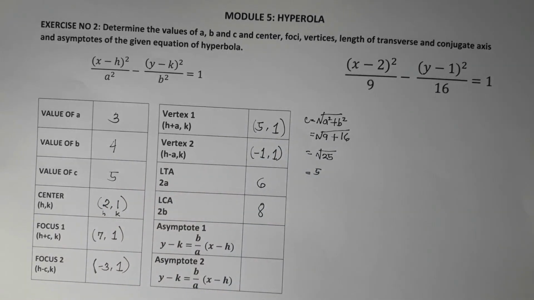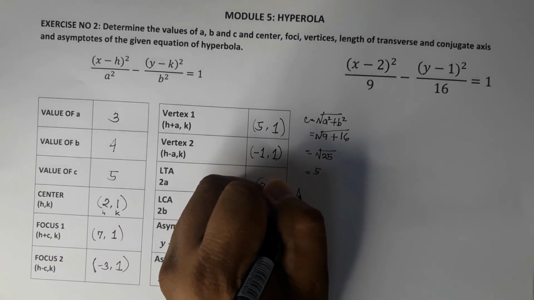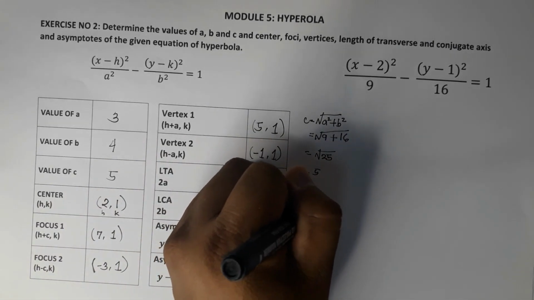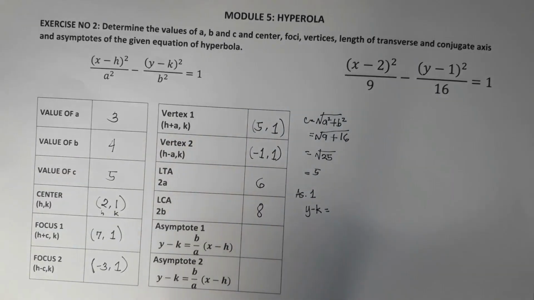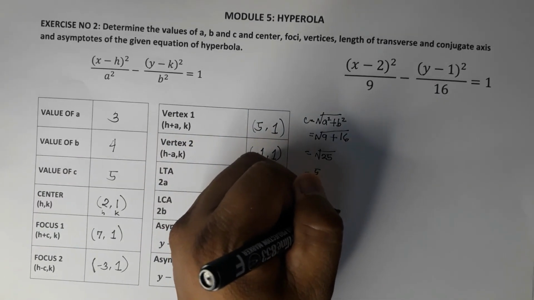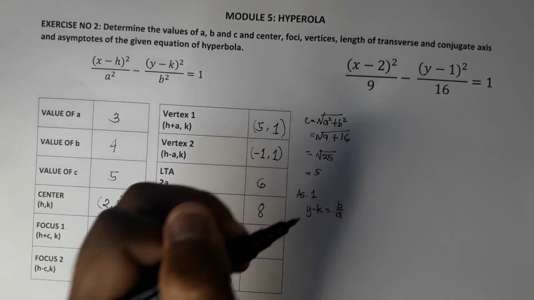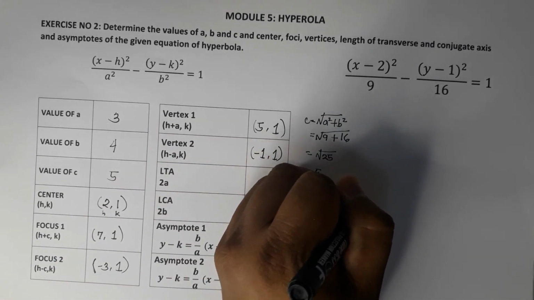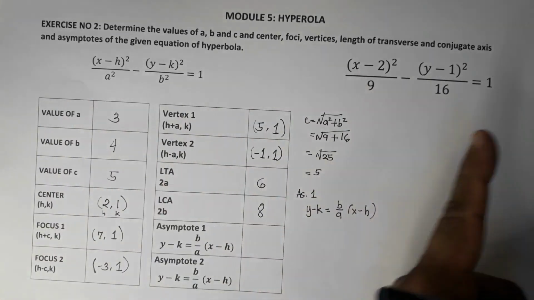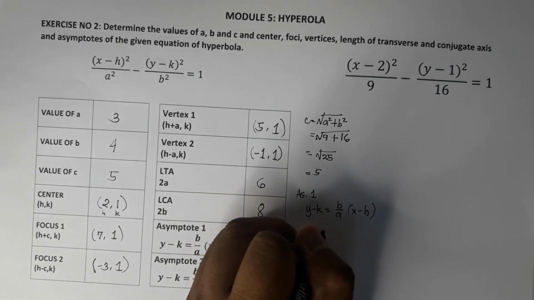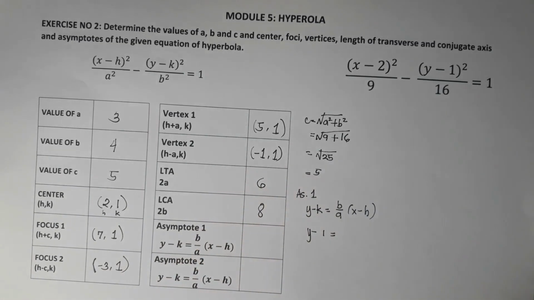For the asymptote, yan. So magsasolve tayo ng konti dito. Asymptote 1. So we have y minus k equals B over A times x minus h. So check muna natin dito, no? So y minus k, k is 1, equals B. What's my B?